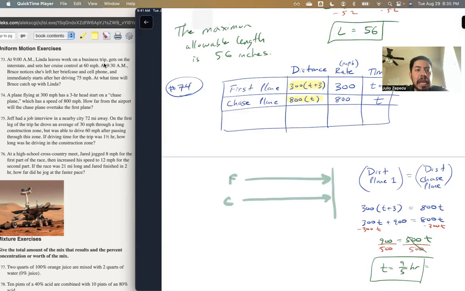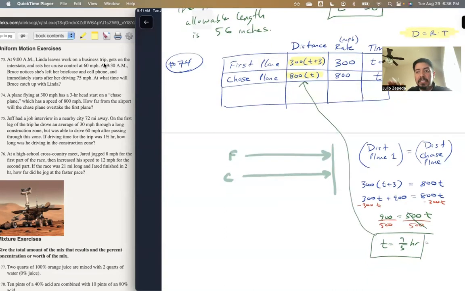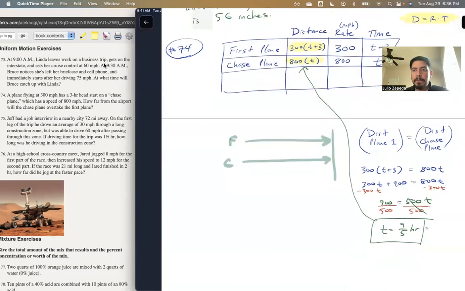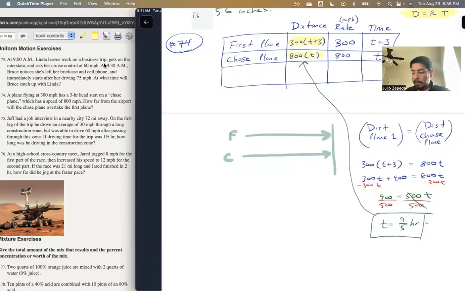The question says, how far from the airport will the chase plane overtake the first plane? And so we can plug in this value of t into this expression here. That would represent the distance that the chase plane traveled until it overtook the first plane. So let's go ahead and plug in there.